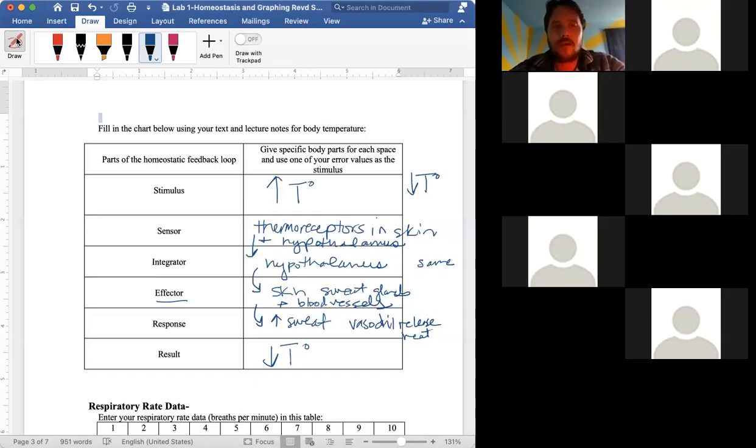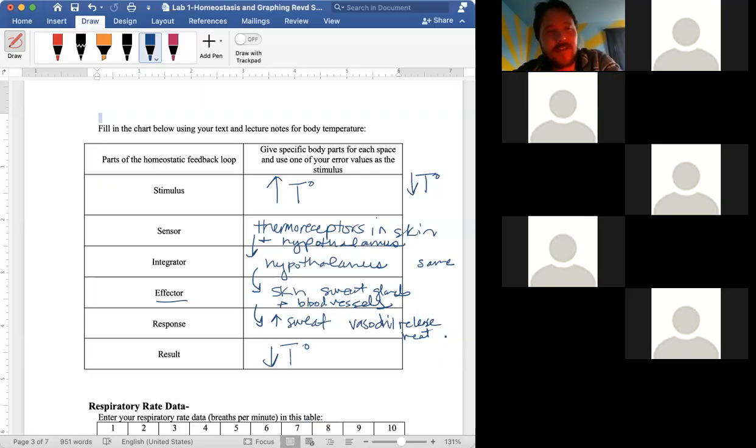So you can think of wind chill. When we have the Santa Ana winds, we obviously lose heat faster. I just don't want you to include it in this because it gets really messy, right? You can include behavioral responses like taking off clothes, putting on clothes if you're cold, but just make it as simple as you can when you're first learning this stuff. Like pertaining to the body.